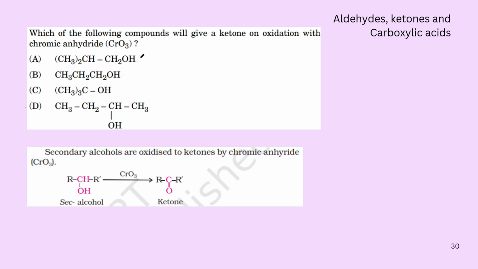So basically all you need to do is figure out which amongst all of these is a secondary alcohol, where this is a tertiary, this is a primary, and this one is also, no, it's this carbon that we care about. This is not the carbon we care about. And then this is a secondary alcohol. So a secondary alcohol undergoes this particular reaction.